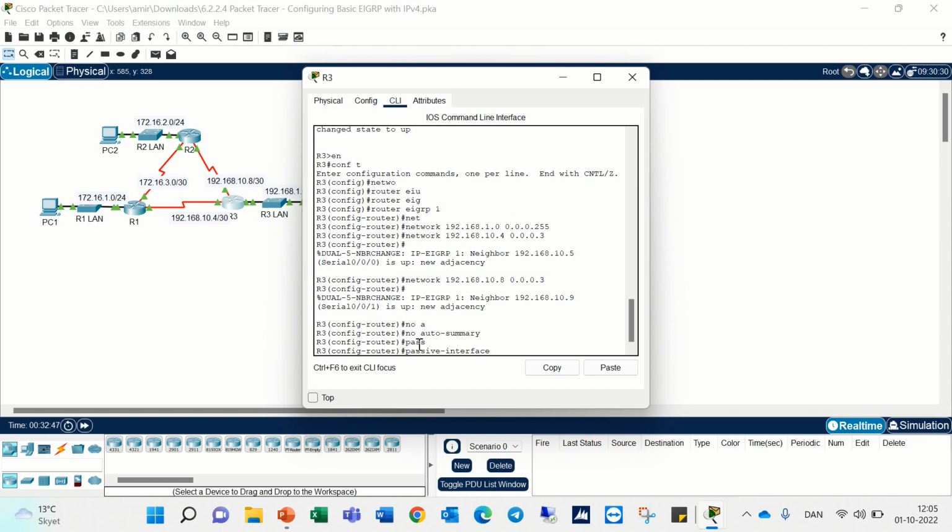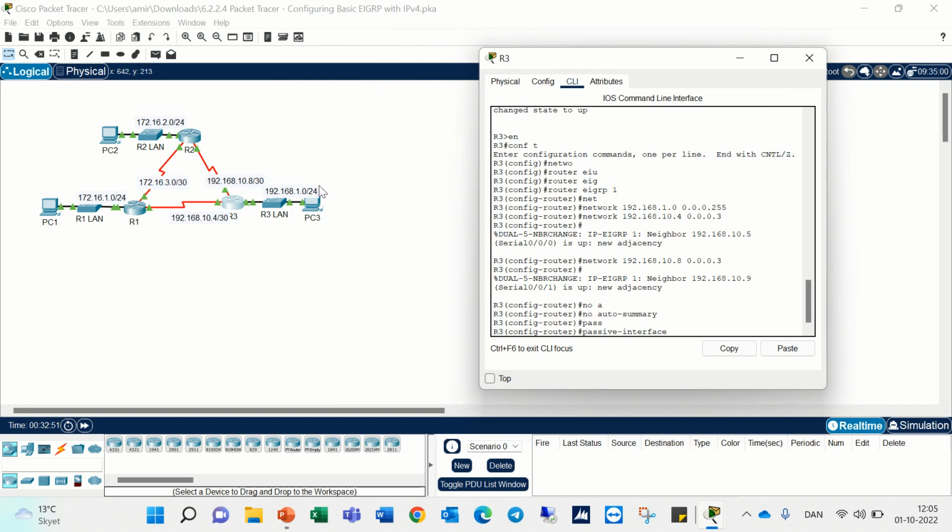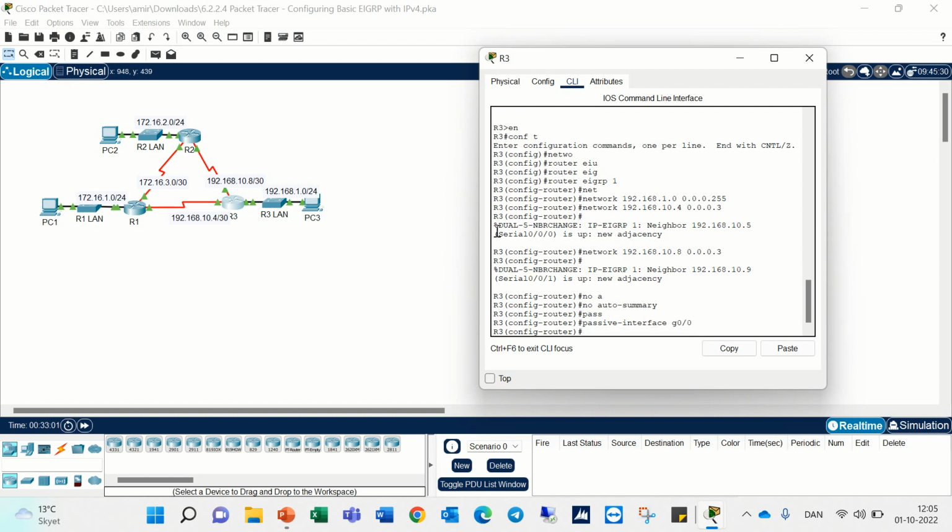Which one is the passive interface and doesn't need to get any update here? This is a computer and cannot participate in layer 3. And this is also G0/0. Yes, I have advertised the networks directly connected to router 3, router 2, and router 1. For example, for router 1, it was this one and this one that I have advertised.